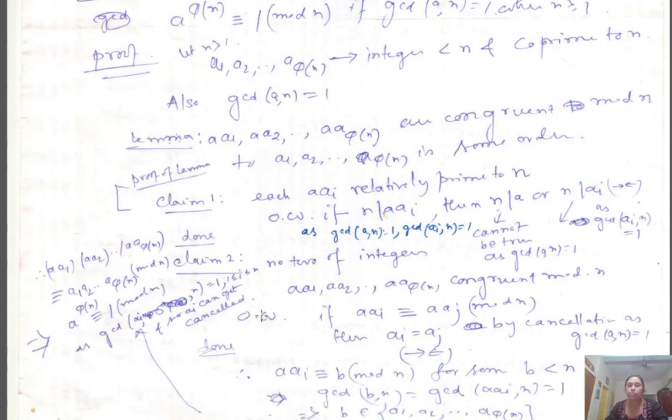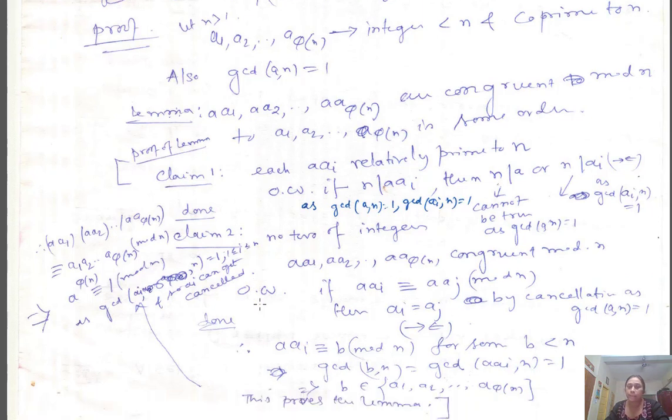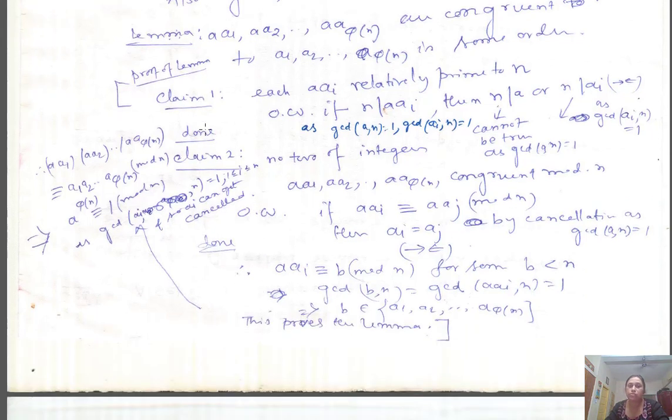I will just go through this. So these two claims you prove, and then you can say that this product essentially gives you this product. From here, a to the power phi n is congruent to 1 modulo n.